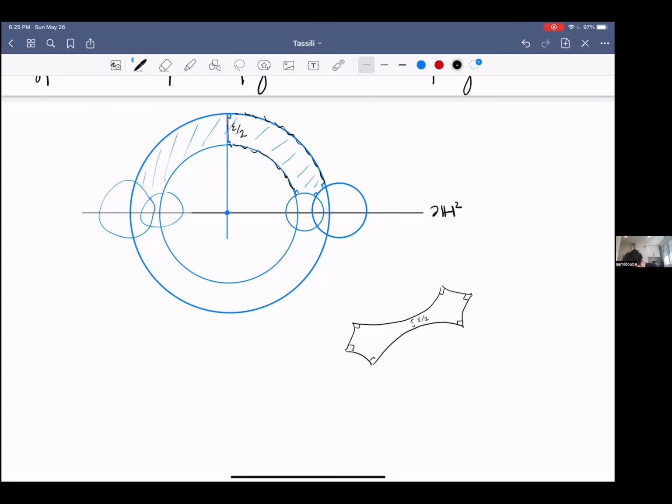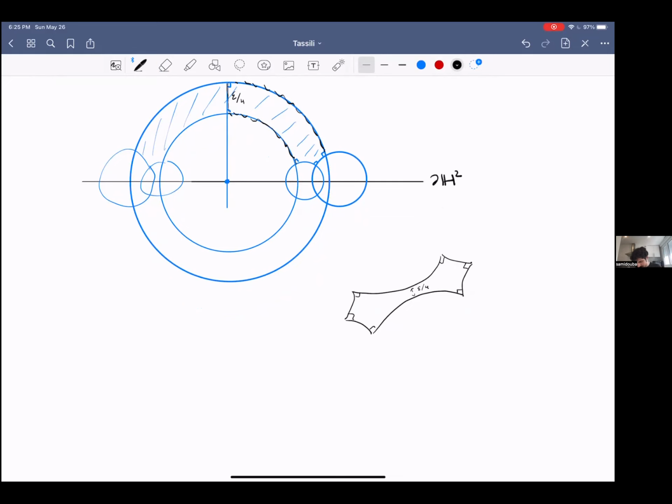In fact, do I want it to be epsilon over 4? Yes. Okay, the point is it's small. Probably I'll want it to be epsilon over 4. We'll see. Well, epsilon over 4 will definitely work because this cover will be degree 4.